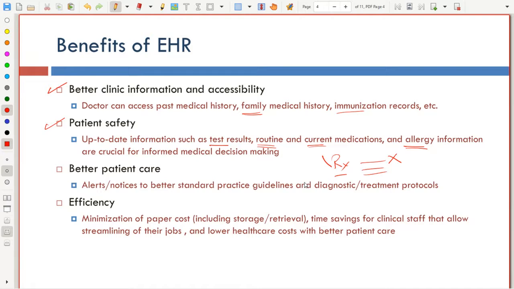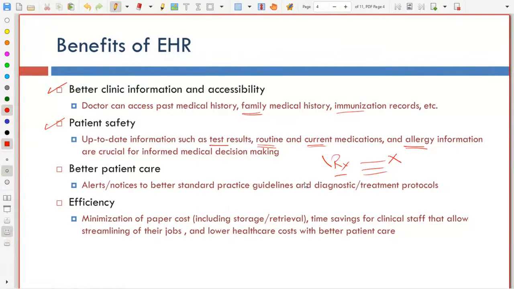This is also one of the things that the EHR does: whenever the doctor prescribes a medication, it checks right away against the known allergies of that patient from his record, and ensures that this medication is not going to cause any problems to that patient. We're talking about patient safety.